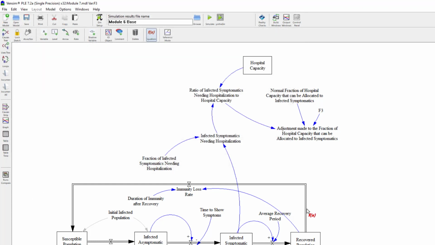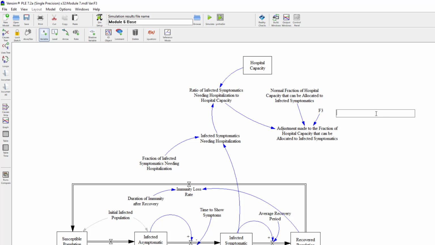Click OK. All right, so now we are moving on to the next part where we are going to calculate the actual or adjusted fraction of hospital capacity allocated to infected symptomatics.